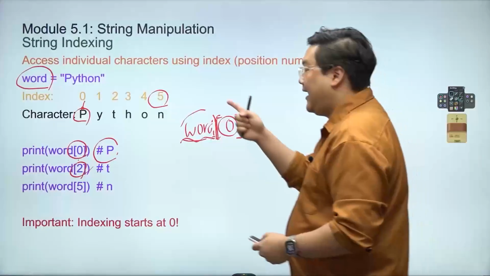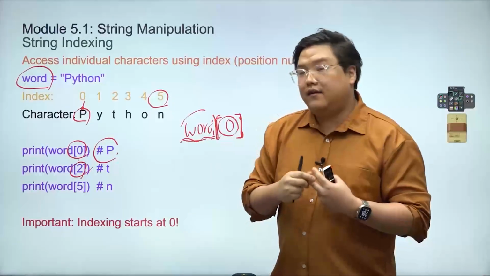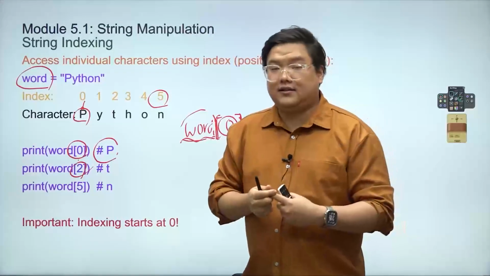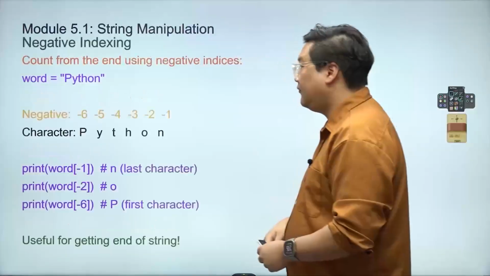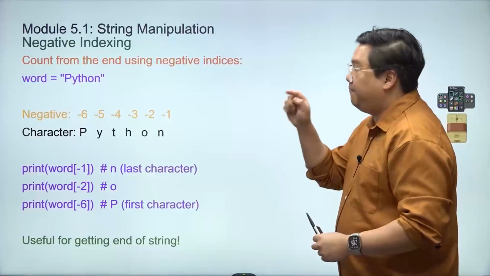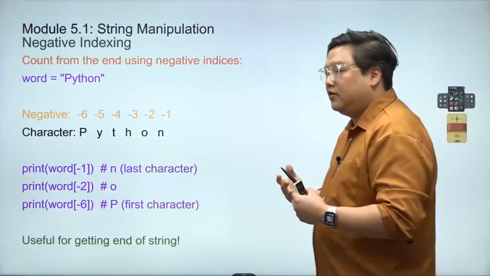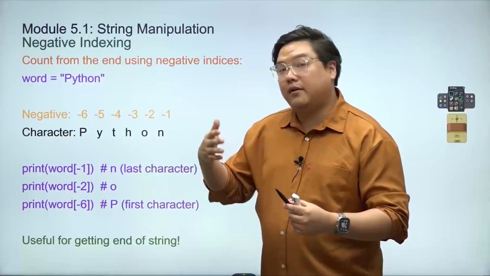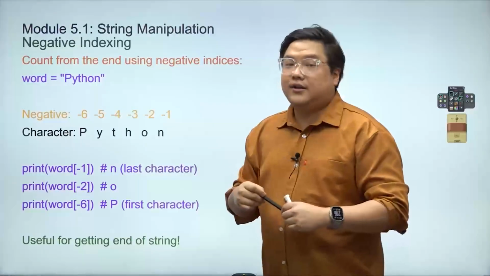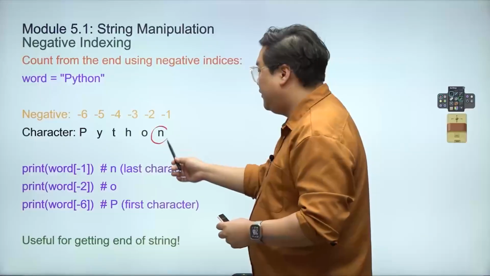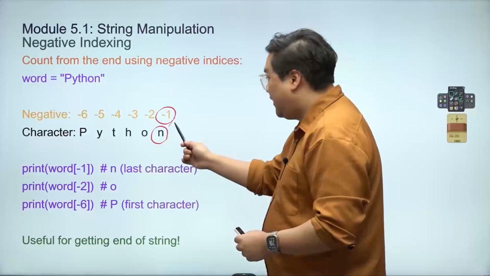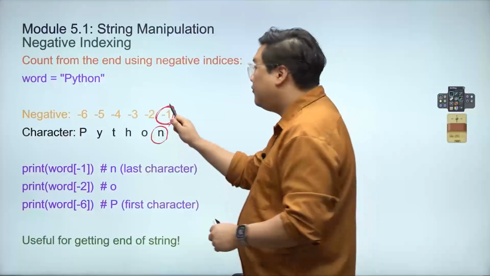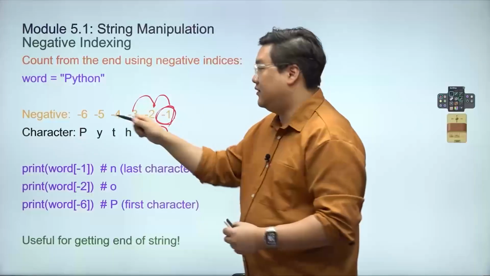Index starts at 0, and every letter, every symbol, every number, even a space will have an index number in a string. We can also count from the back, similar to how we counted from the back with the range function in for loops. If we use a negative index, -1 will be the last letter in a string, and then we go forward, -2, -3, -4.